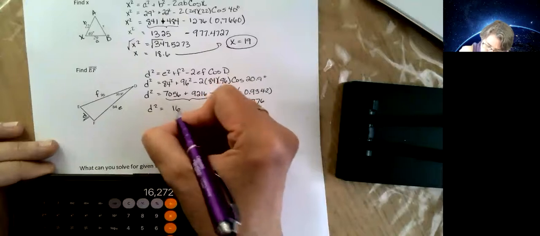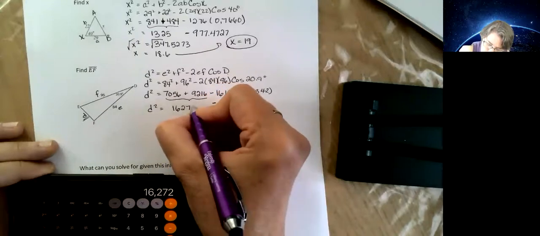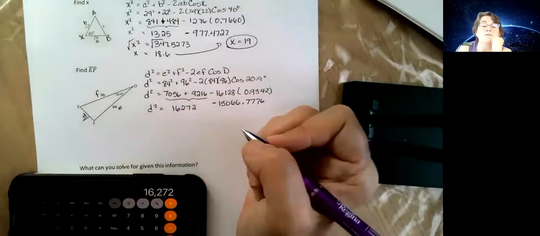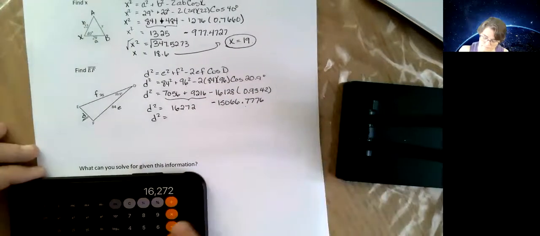As long as this number, 16,272, is bigger than that one, we're okay. Why does it matter? Because if this back one is bigger, then I end up with a negative and then something went really wrong.